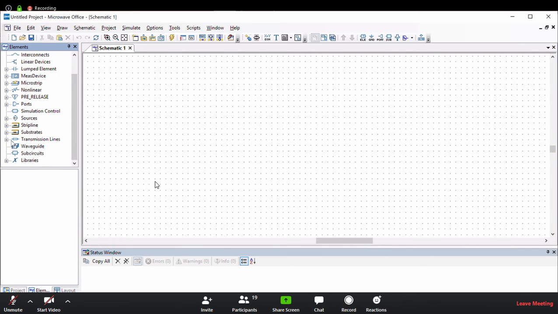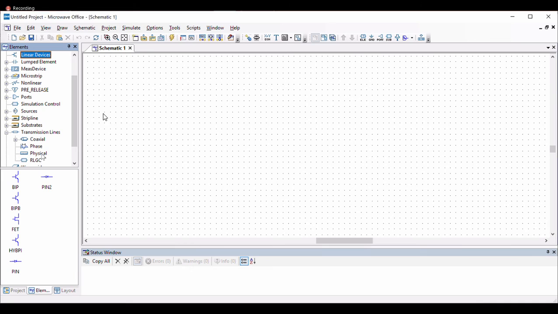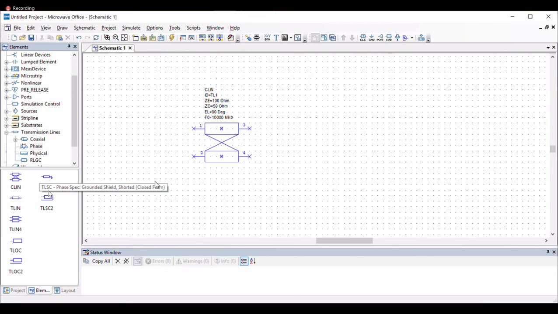Let's just say T line for now. Ideal phase, right? You see this? This is the coupled line. You have a 2-line, 4-port network. This is it. You just have to put the ports there, and you can tell me, right? The coupled lines are here. Oh, is that under transmission lines? On the transmission line. Hey, how do you control the spacing?